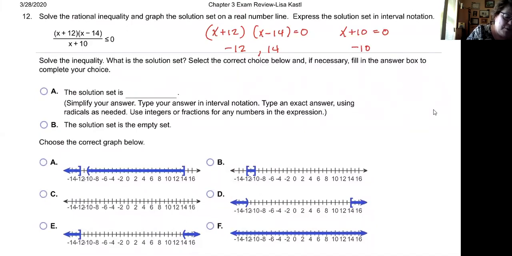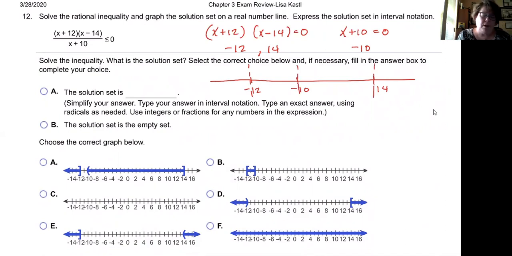Okay, so I'm going to draw my number line real quick here. So we have -12, -10, and 14. So this is going to separate my number line into 4 intervals. The first interval is from -infinity to -12.